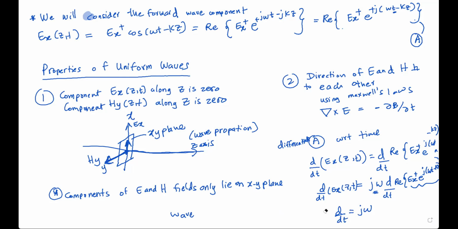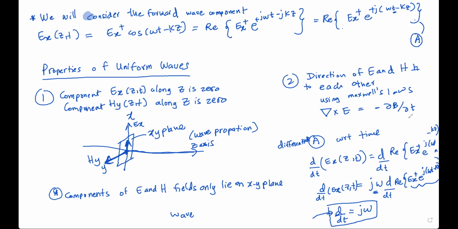So this is the result I wanted, right? Whenever I see some differentiation with respect to time, I can take j omega instead of it. So once I substitute j omega, every place where I see a d over dt or a differentiation with respect to time, I can apply it in those locations.